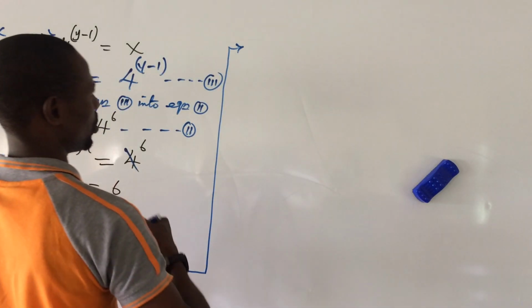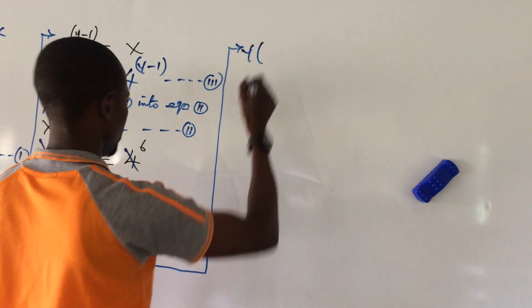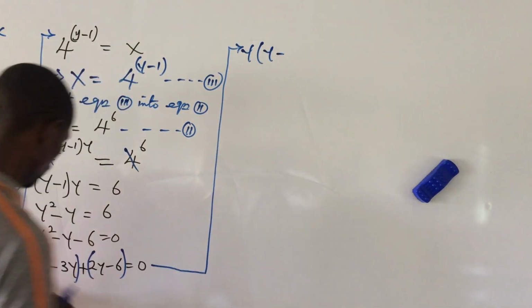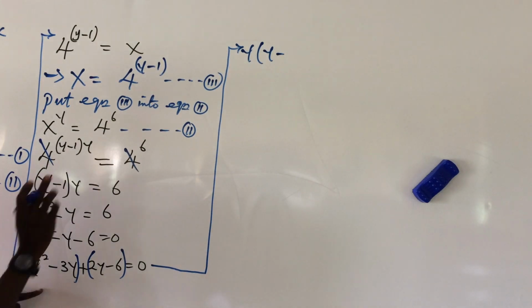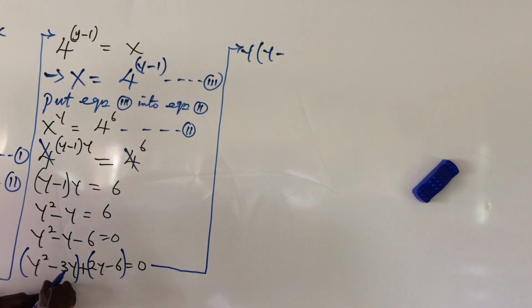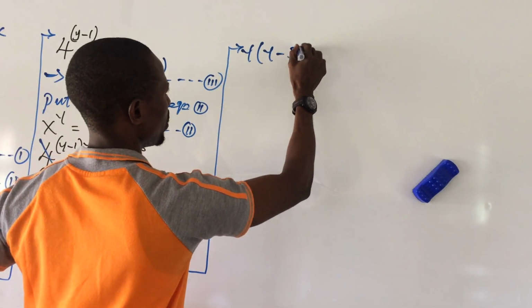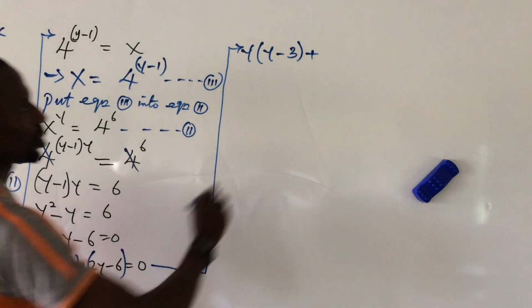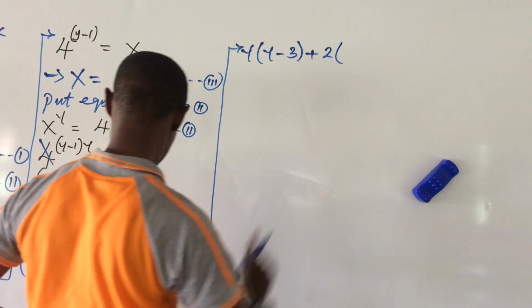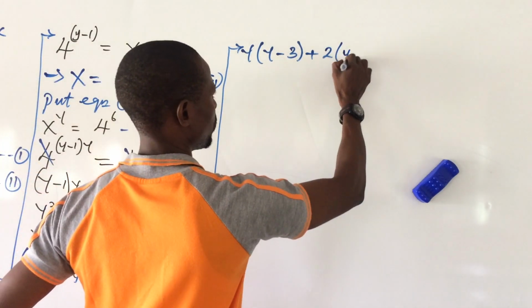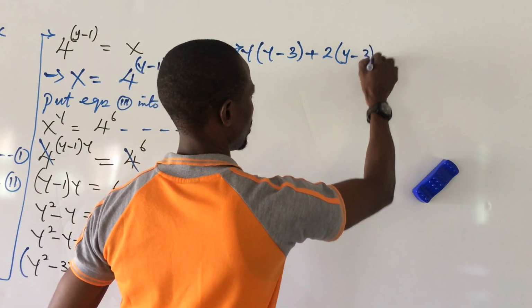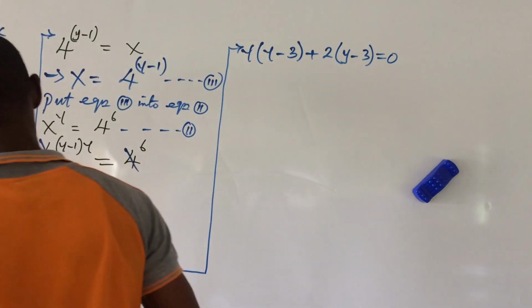If we bring out y, we're going to have y bracket. Here we have y minus 3, because y into y squared will give us y, minus y into 3y, we are left here with 3. What is common to the others is 2, so we bring out 2 here. 2 into 2y gives us y, minus 2 into 6 gives us 3, equal to 0.